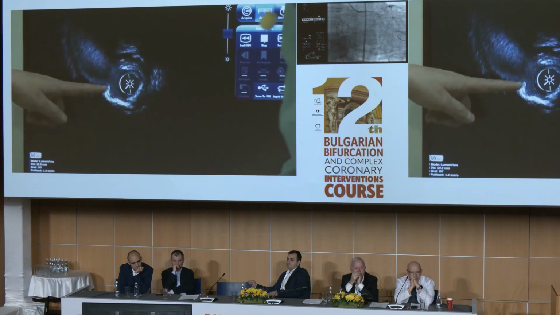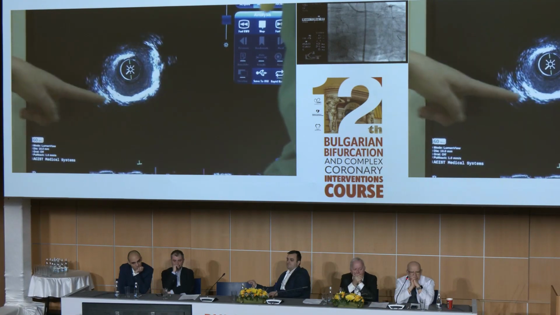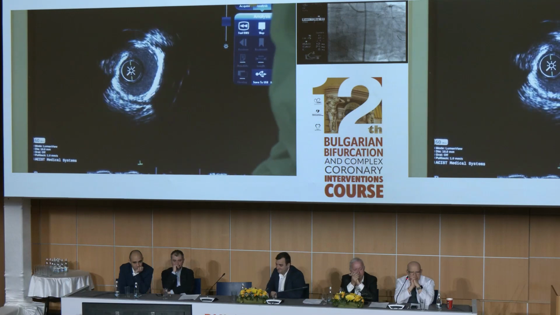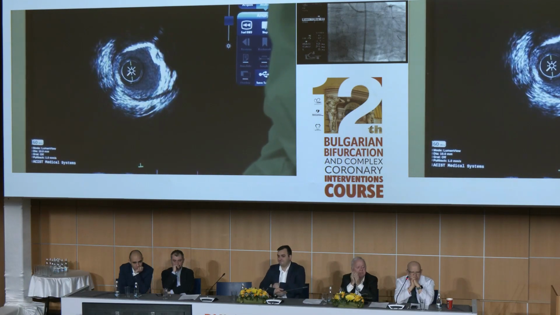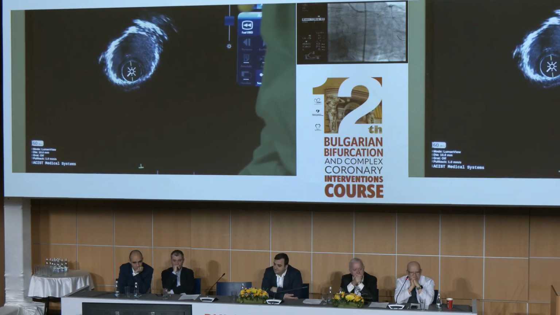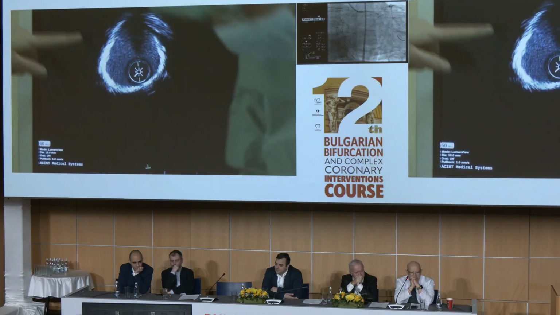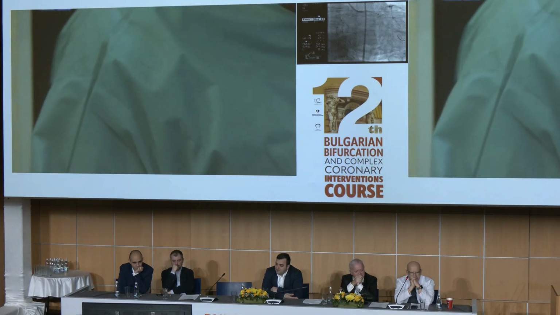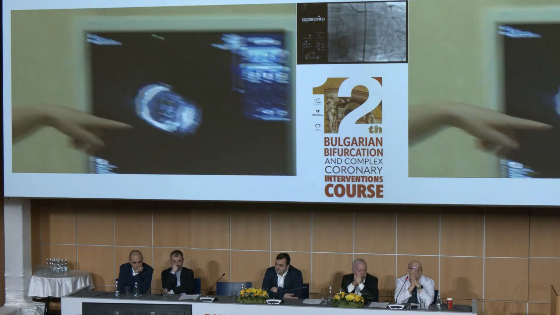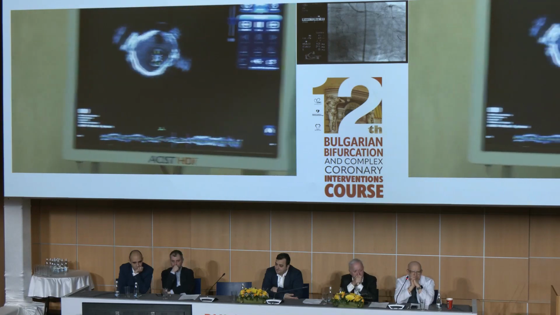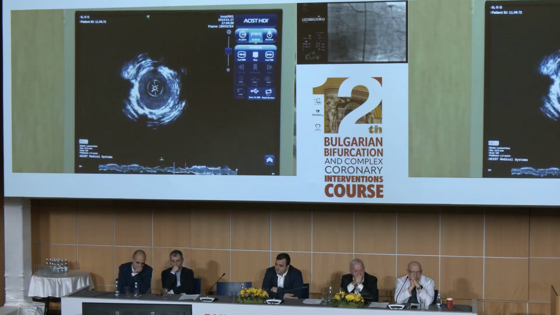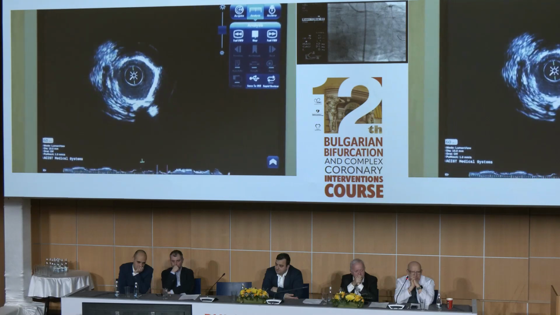At the bifurcation, yes, there is a 360 circle of calcium, which is quite long, more than 5 millimeters. This is the aneurysmal part, and then we have a severe lesion proximally with 360 degrees of calcium.